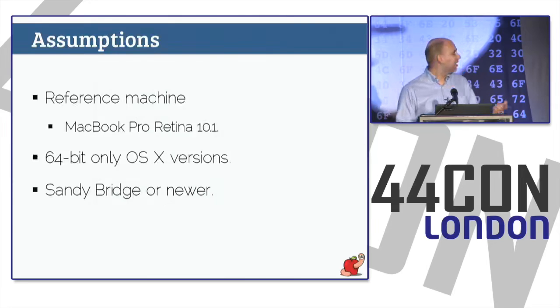Assumptions of this presentation: I work with this machine, a MacBook Retina 10.1. It's a very easy machine to work with EFI. There are some specifics about this machine, especially on file contents, but most of the things apply to all other machines, even normal PC laptops, so it's not a big problem. I'm talking only about 64-bit versions because OS X changed to 64 bits since Lion, so I'm not interested in 32-bit operating systems.